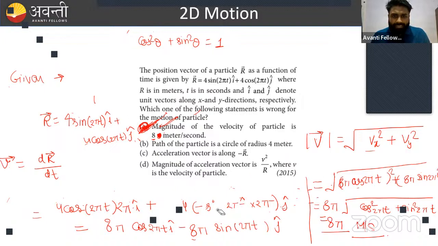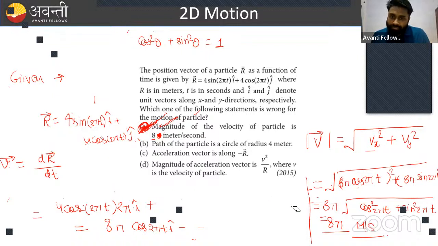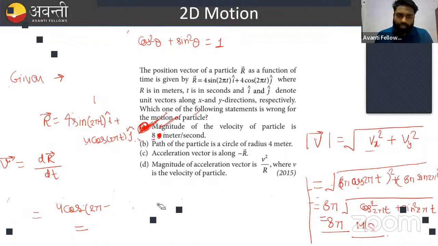So a few of the terms we can discuss here, like in terms of acceleration and all, but you do not have to solve this option in your examination, because you got the answer, just take it and move on to the next question. Okay. But for your understanding, I will solve this question for you for the further options.